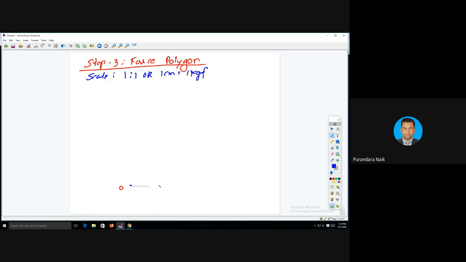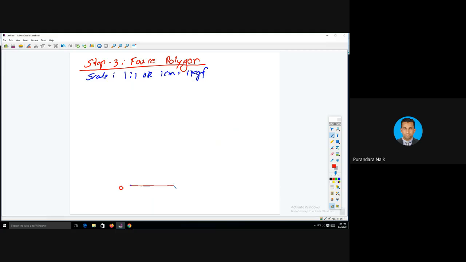But what is the length of M1? The force value is 5 Newton, at 1:1 scale it is 5 centimeter. Draw a 5 centimeter line.